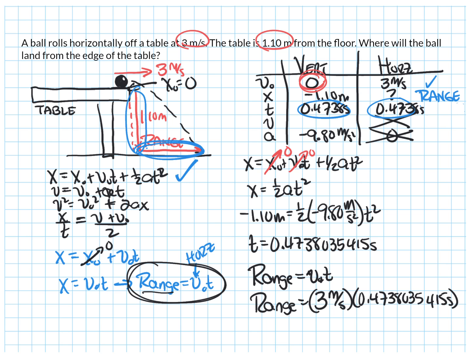And when I do all that, I get my range to be 1.42 meters. So the ball is going to land 1.42 meters away from the edge of the table.